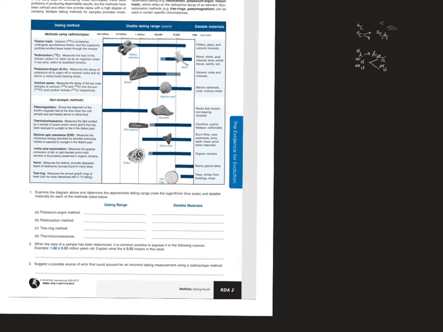Electron spin resonance. So as you may have learned in Mr. Custer's class, as electrons are in orbitals around an atom, they have what chemists and physicists call a spin, and two electrons in the same orbital have opposite spins.